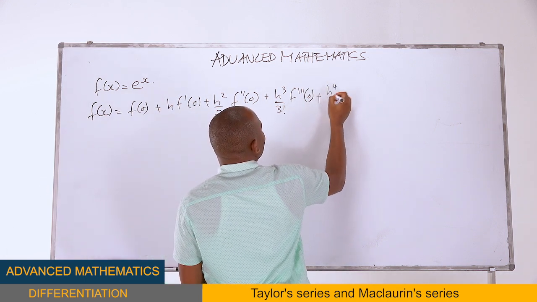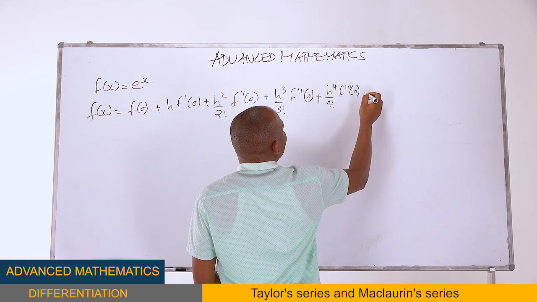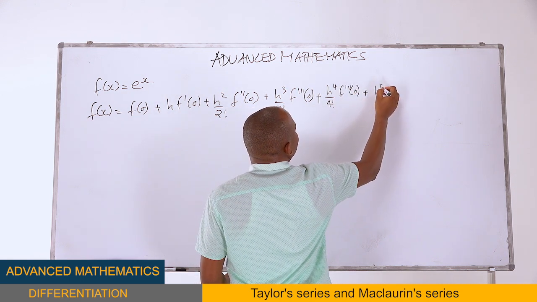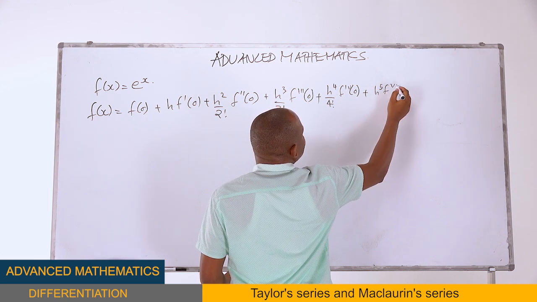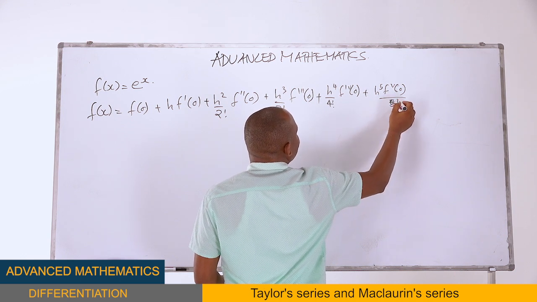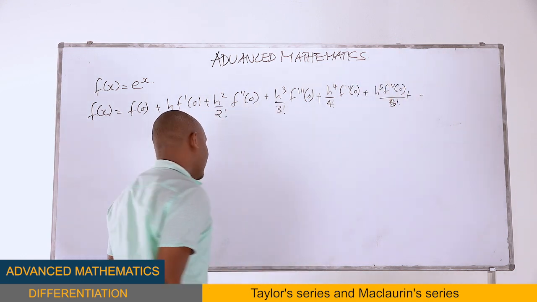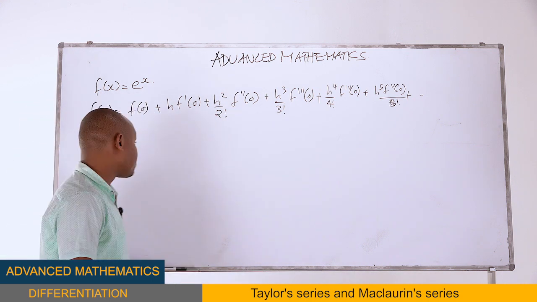Let's say for 4 factorial, the fourth derivative, and that is the fifth derivative of the function evaluated at 0 over 5 factorial, and so forth. That means we must have the series like that.